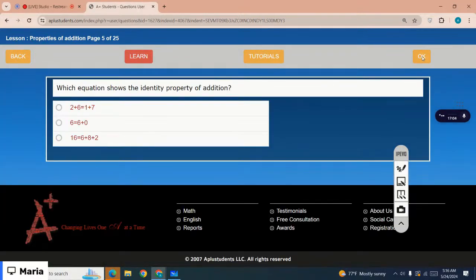Which equation shows the identity property of addition? You're given three equations. Which one shows the identity?